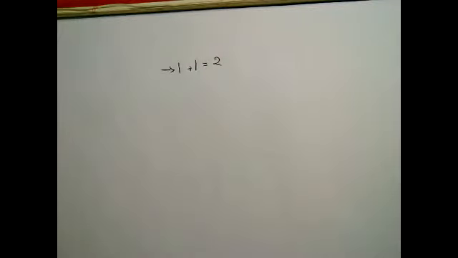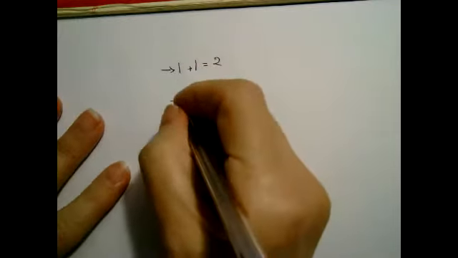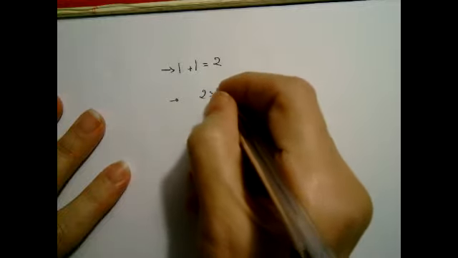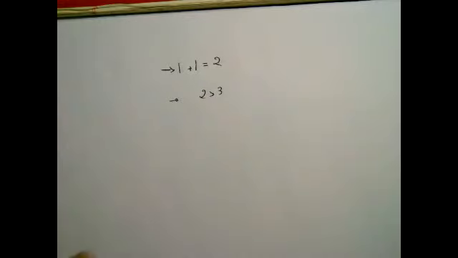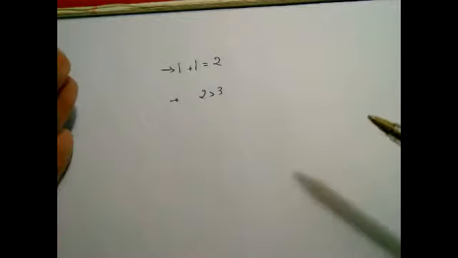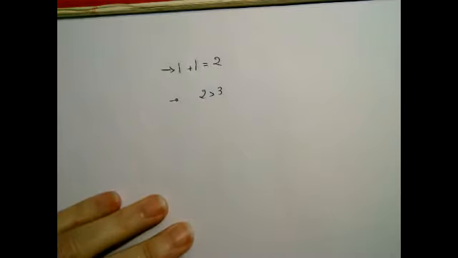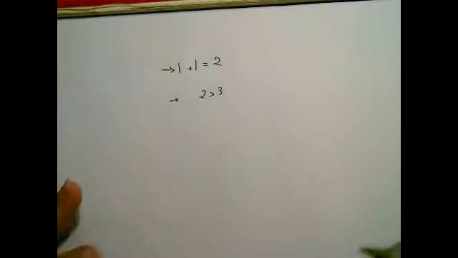Let's consider the statement 1 + 1 = 2, or 2 bigger than 3. Very basic statements, but in math those statements don't carry us far at all. Now we have to start introducing a variable.